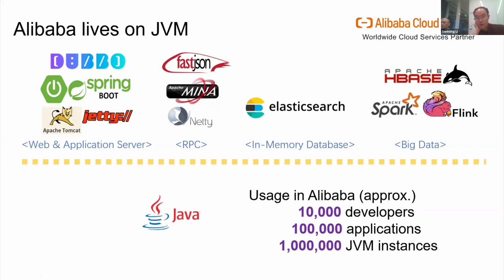I just use 2 keywords to describe the characteristics of our Java usage in Alibaba. The first is massive. We are using Java at a massive scale, and we have around a million JVM instances.